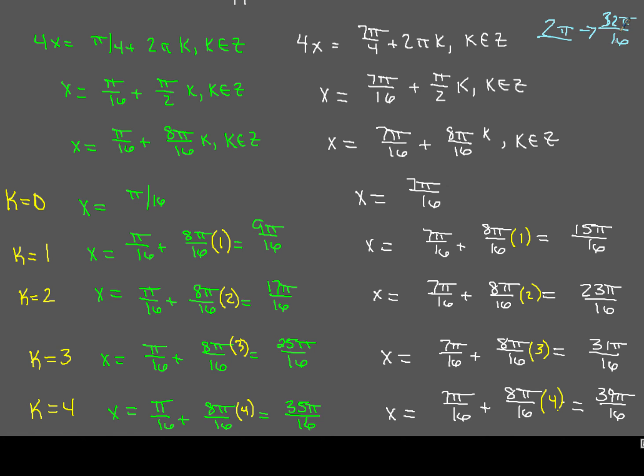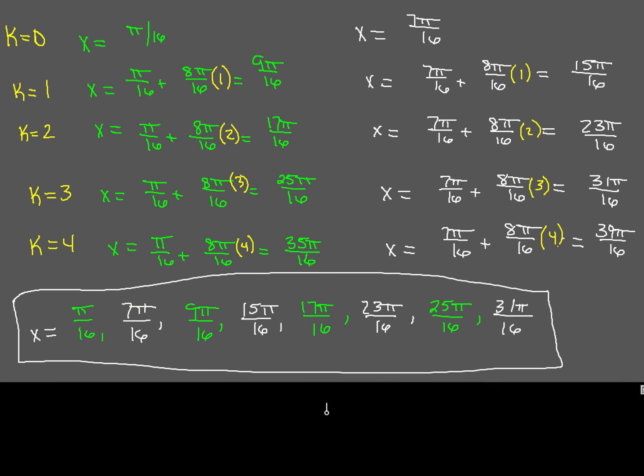So if I get to anything 32 pi or higher, then I just ignore it, which if we look at our last two pieces down here, 35 pi over 16 and 39 pi over 16, both of those are more than 32 pi over 16, so I don't have to go any further. I am done. Now, of course, you want to write all of your answers in numerical order, so that would give you the following list of solutions.